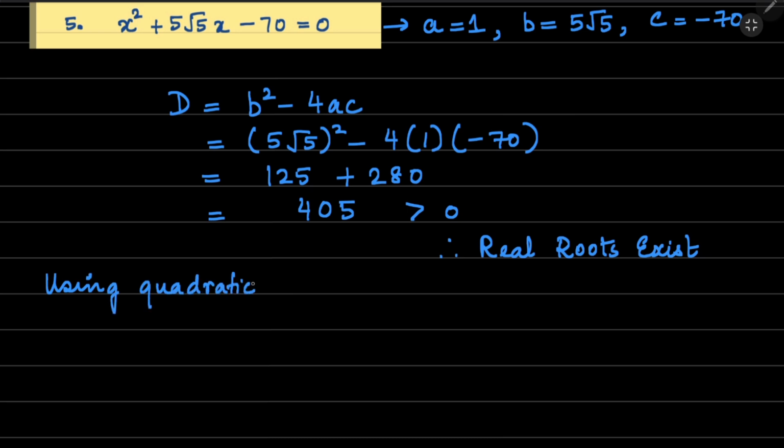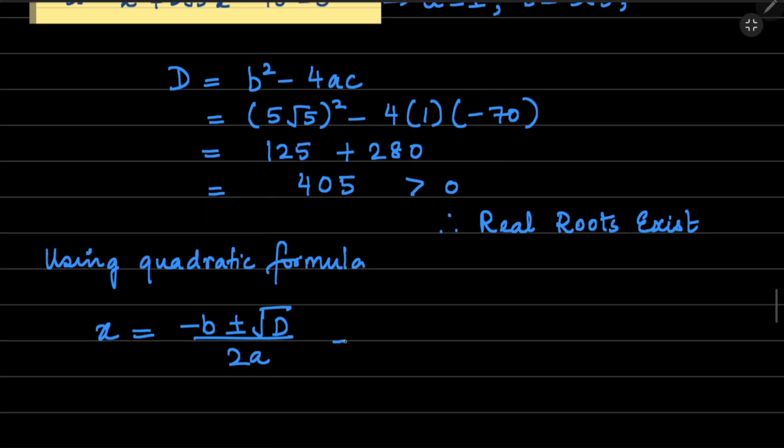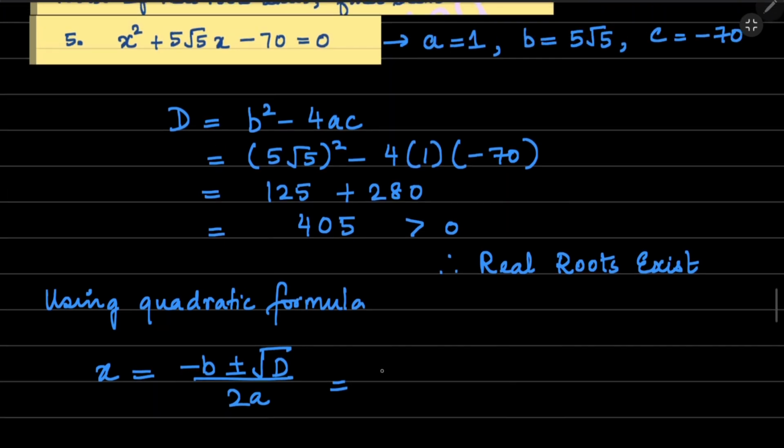Using the quadratic formula, because we already have the discriminant, we can write x, the root of the equation, is equal to minus b plus or minus root D by 2a. Just substitute the value. B is 5 root 5. So minus 5 root 5 plus or minus root 405.